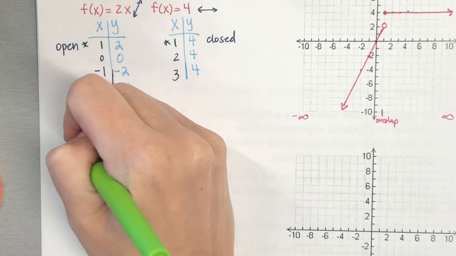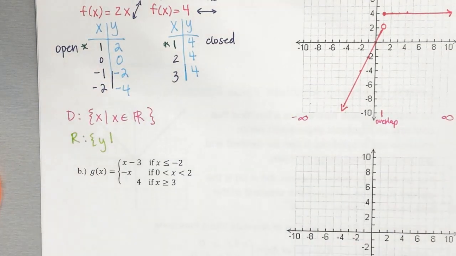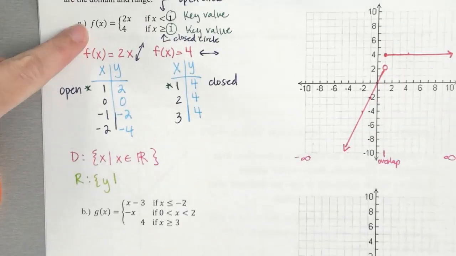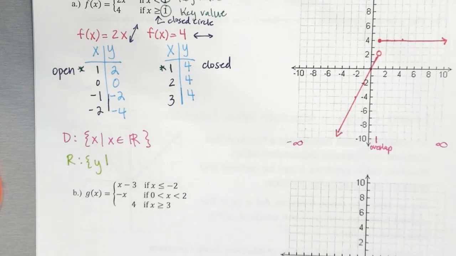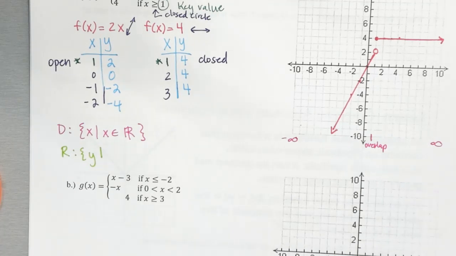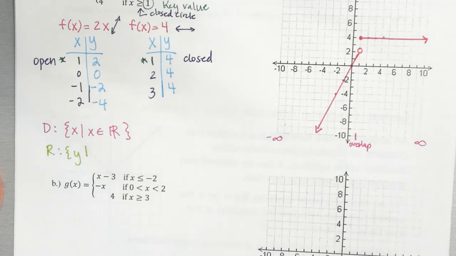All right, and then for the range, I'm going to let you guys use y for the range. Because this is f of x, you might also see answers that have f of x such that, but I think it looks kind of messy, so I'm fine with you continuing to use the y. And then again, you are always starting with the lowest, and then you're going to the highest.